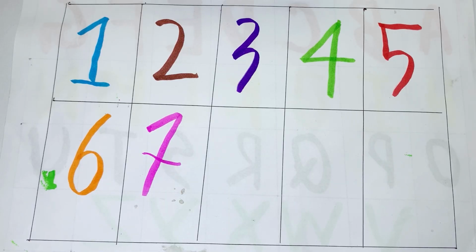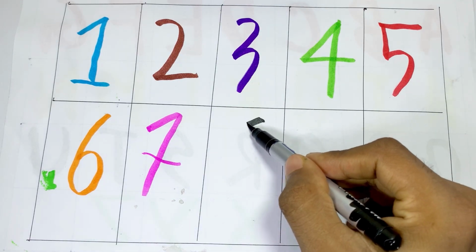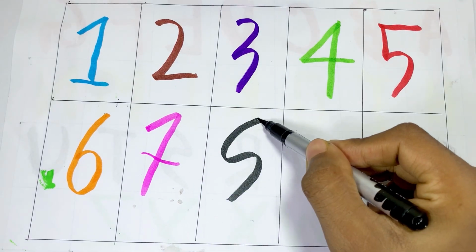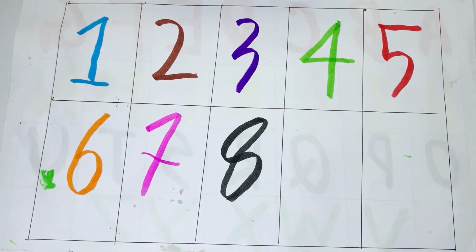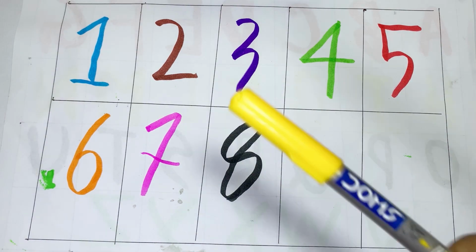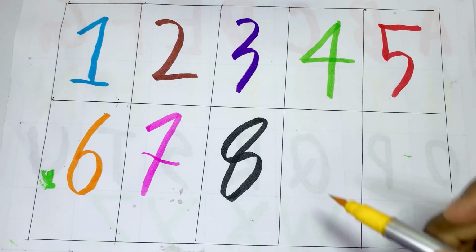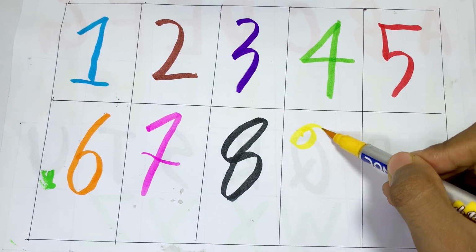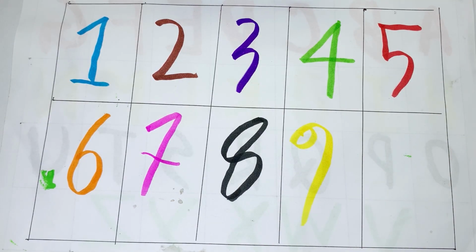Now you draw 8 and use black color. 8, E-I-G-H-T, 8. Now you draw 9 and use yellow color. 9, N-I-N-E, 9. Last, you draw 10 and use dark green color. 10.